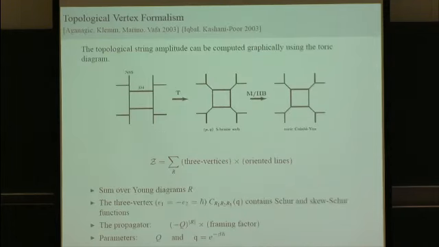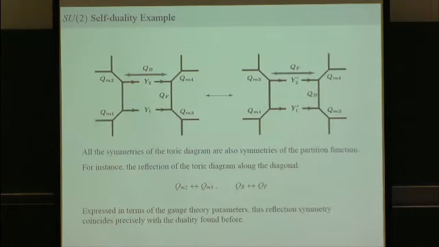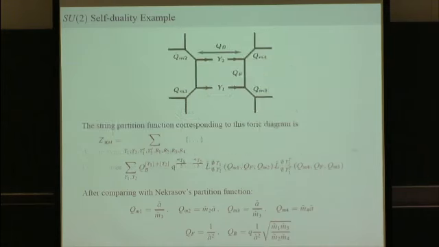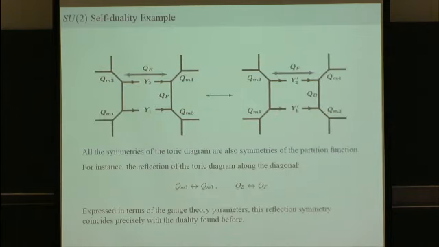It shows that the duality is manifest for the topological vertex. So basically, you just sum over. Instead of choosing to not sum over these two lines, you can choose to leave these two lines free, and this precisely corresponds to the Nekrasov partition function for the dual theory.